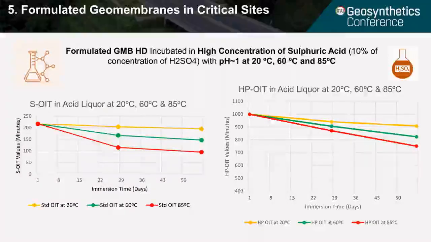It shows a drop in the first 30 days, essentially at 85 degrees, and then it remains. These results show the impressive behavior of these formulated geomembranes in direct contact with this highly acid environment at even high temperatures. After almost 2 months of immersion, the formulated geomembrane's antioxidant package is not consumed yet, not starting the induction period to onset of degradation.